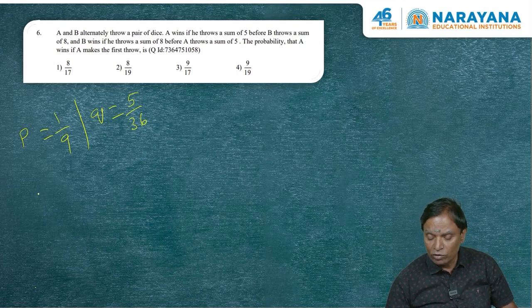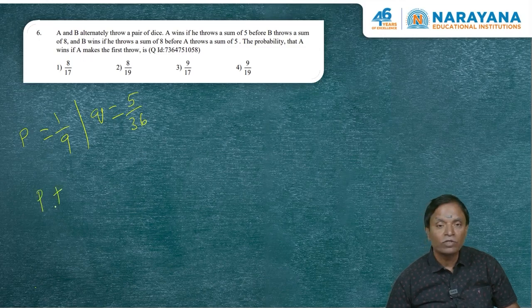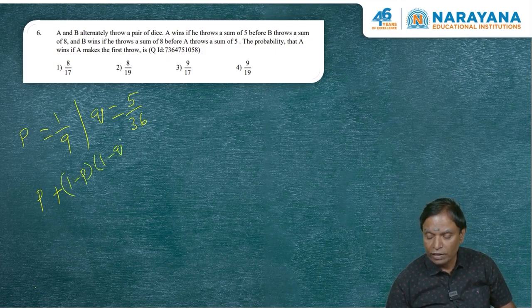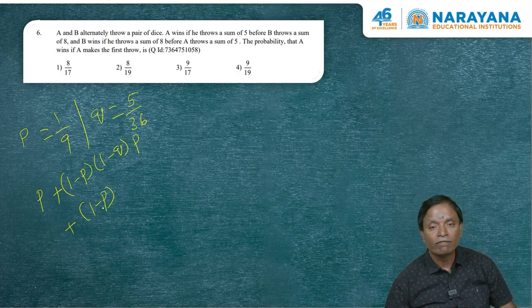In the first throw, the chance of A winning the game is P. Or when it comes to the third throw, A should not win the first, B should not win the second, then in the third, A wins. In the fifth, A should not win first, B should not win second, A should not win third, B should not win fourth, then A wins the fifth, and so on.